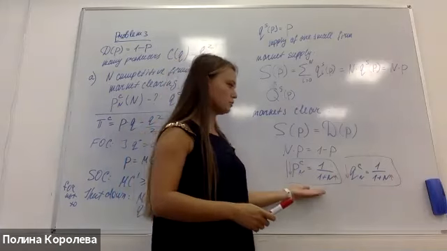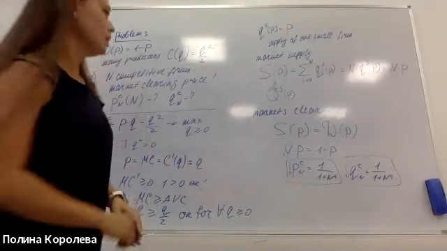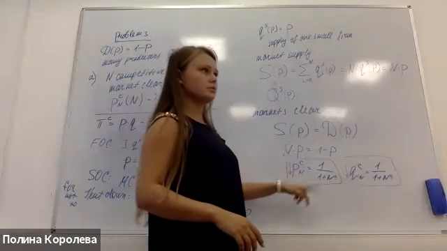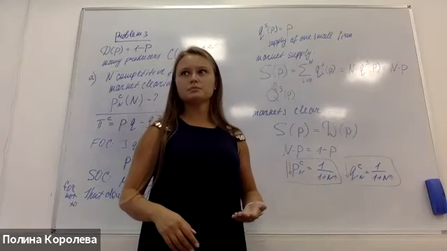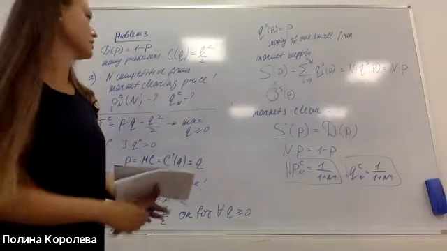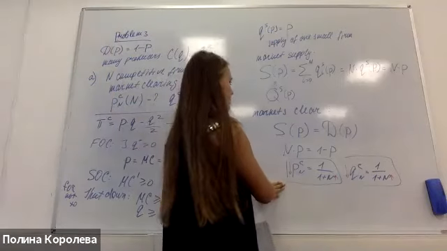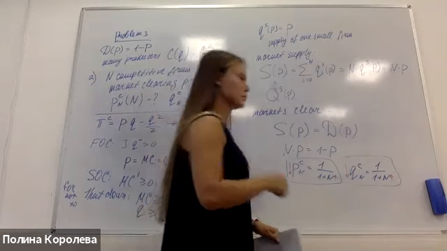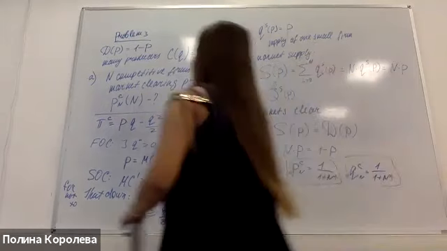Yes, so the logic is okay. And you can check such things for checking your calculations. Every task. This is the answer for point A. Let's move on and we will do point B.